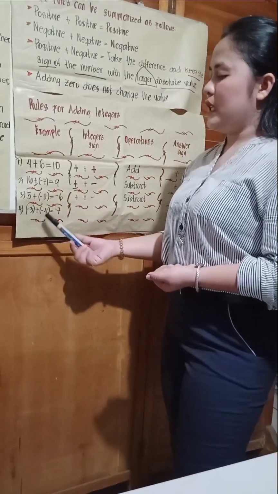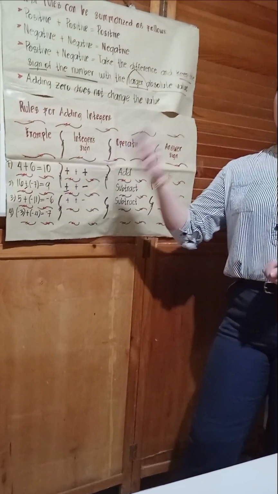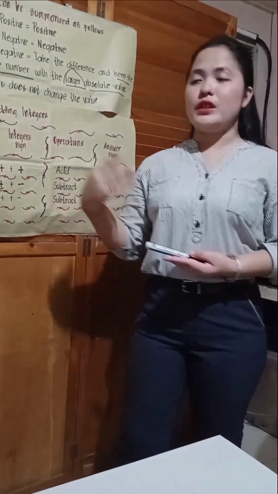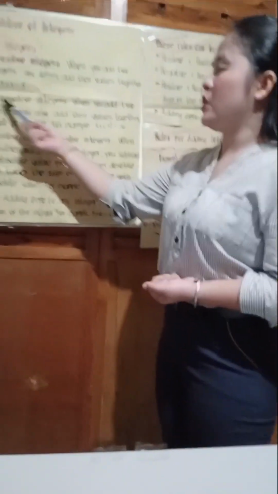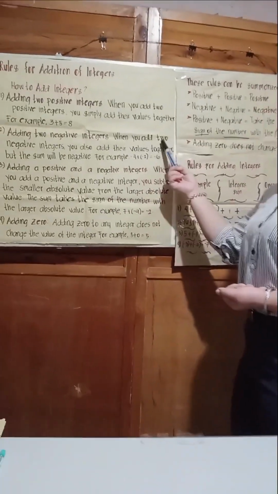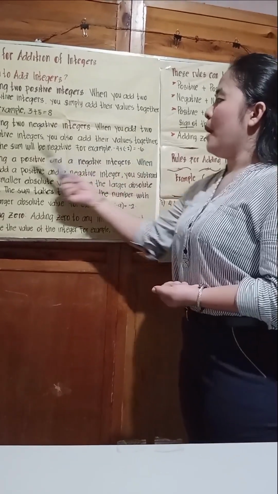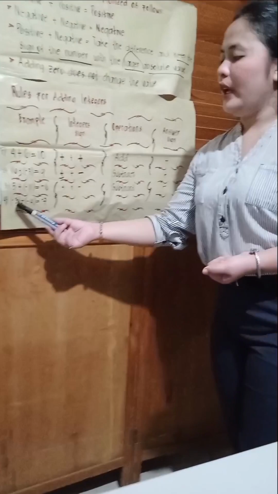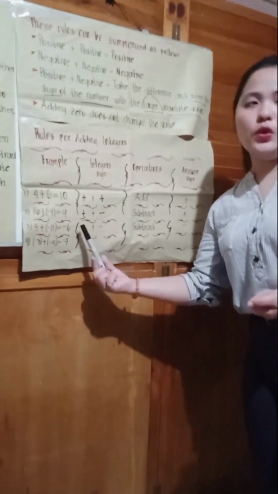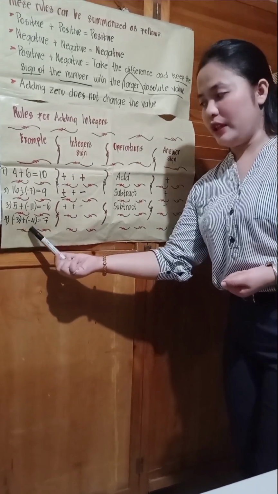Negative 3 plus negative 4 is equal to negative 7. Naintindihan ba dito? Since they are the same sign, which is negative, we are adding two negative integers. When you add two negative integers, you add their values together, but the sum will be negative. For example, here, 3 plus 4 is equal to 7, and copy their sign, which is negative.